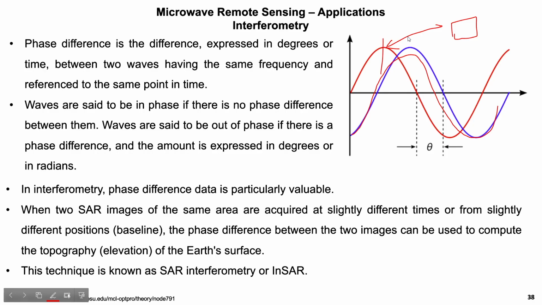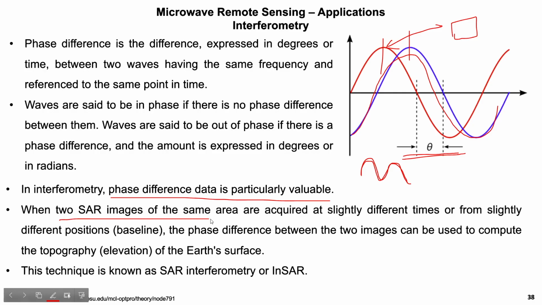The difference between these two is called your phase difference theta. Two waves are said to be in phase when the first pass and the second pass are the same. If they are differing, something has happened on the ground. Now we need to identify what has happened. So in interferometry, phase difference is the principle.